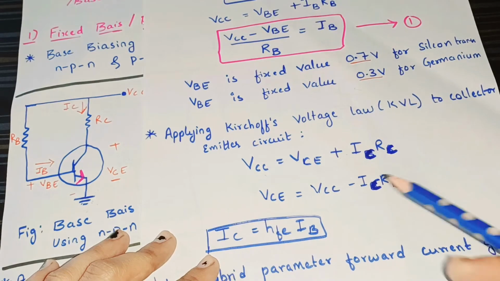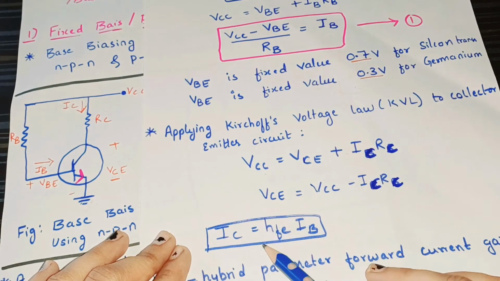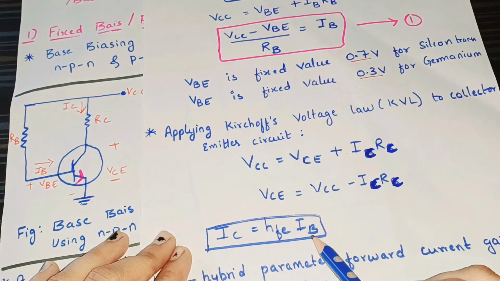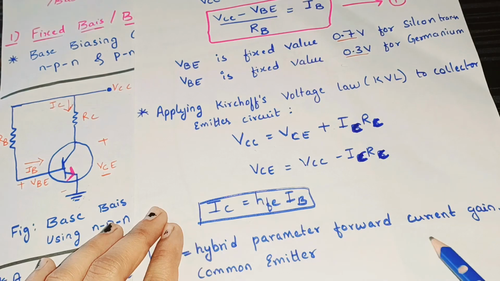This is the final equation we get, where IC is equal to hFE into IB, the hybrid parameter forward current gain in common emitter.